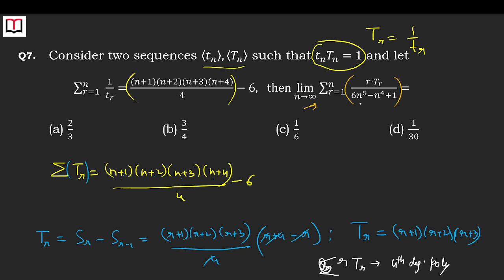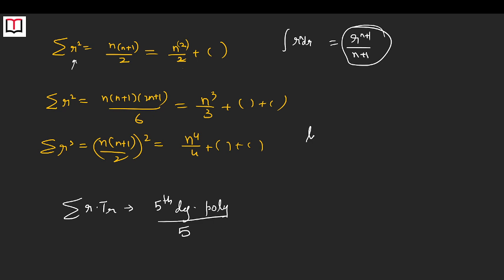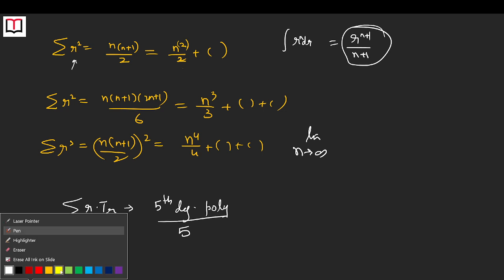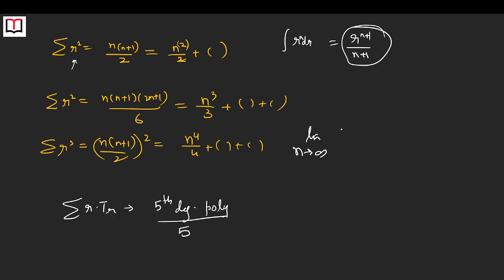Now, observe the degree of denominator. So when we go for evaluation of this limit, see what's happening is it's infinity by infinity form, where numerator is a polynomial of degree 5, denominator is a polynomial of degree 5. So what's the answer?